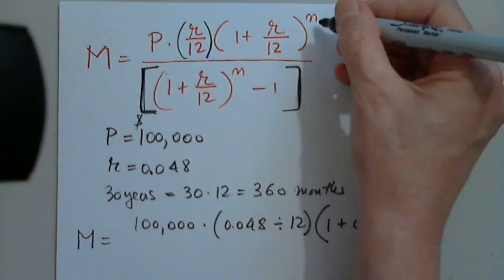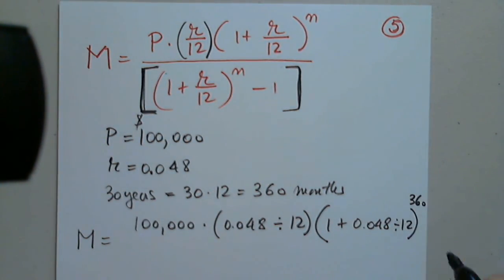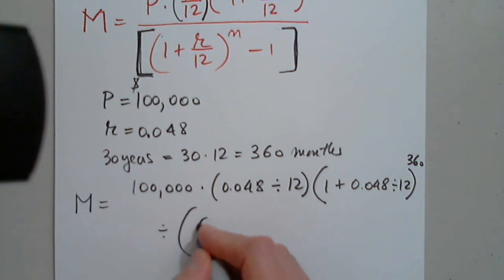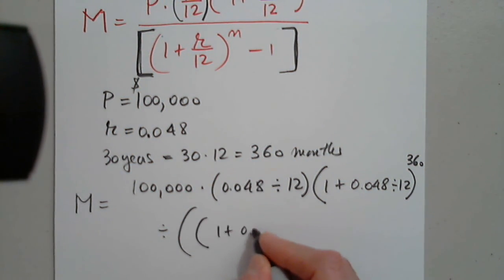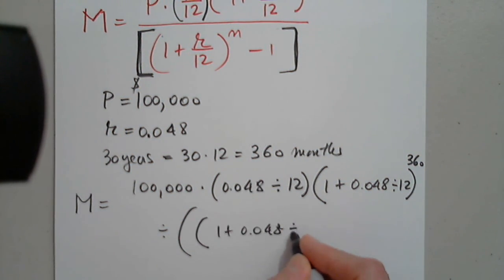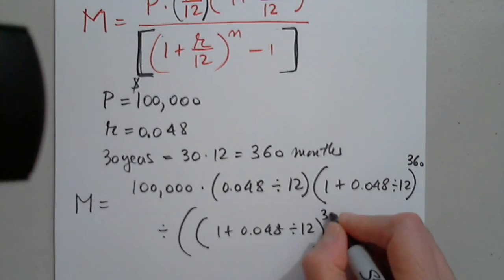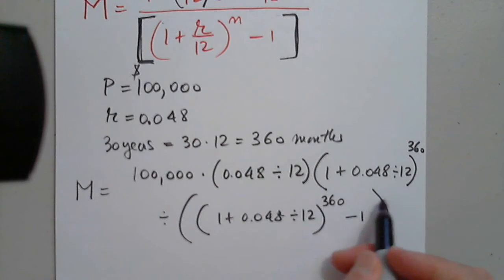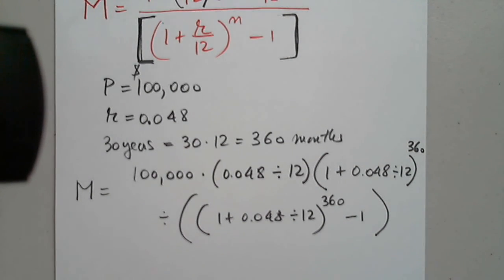And the power has to be 360. And then I will be using the division symbol. I will put another parenthesis and another one for 1 plus 0.048 divided by 12 raised to 360 minus 1 and close the parenthesis. This is the sequence we have to use to enter to get the correct monthly payment.